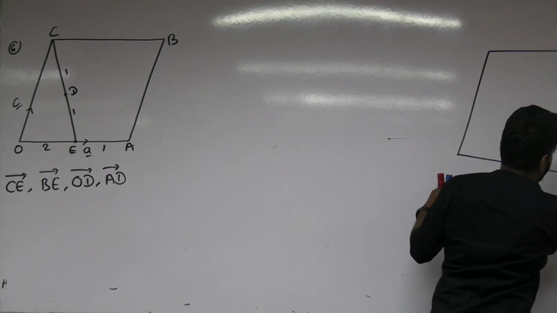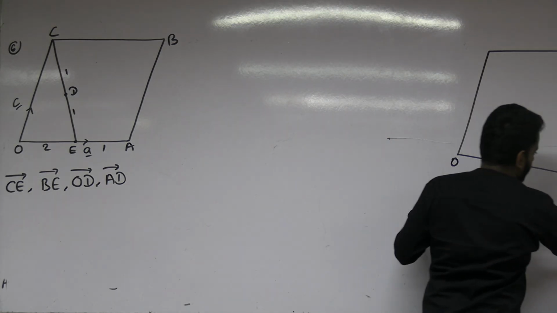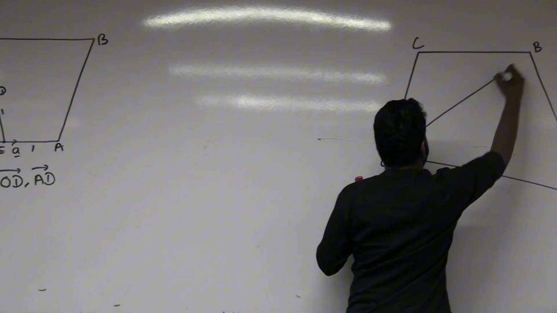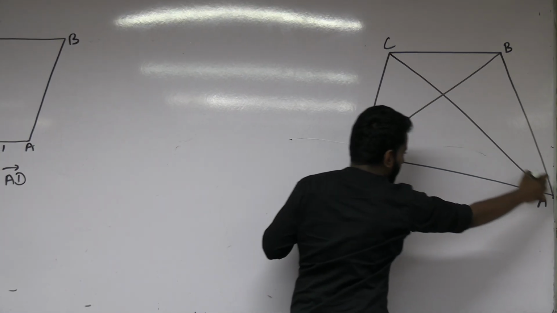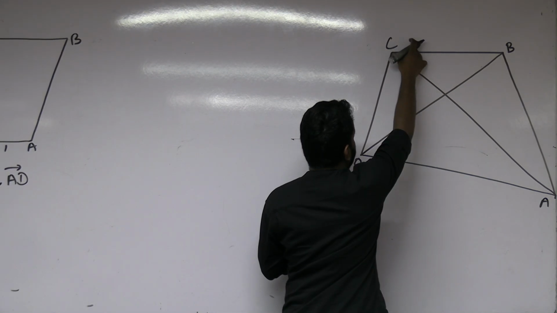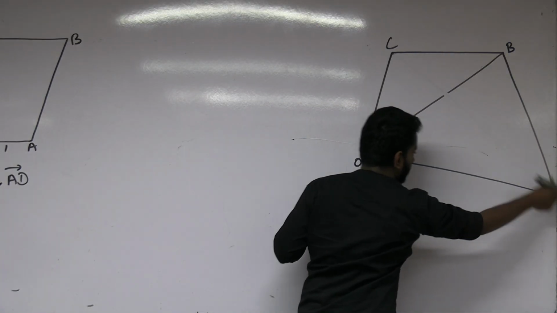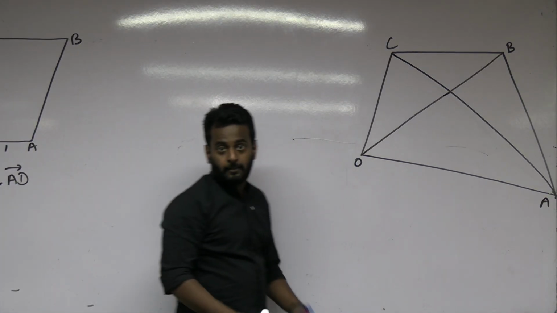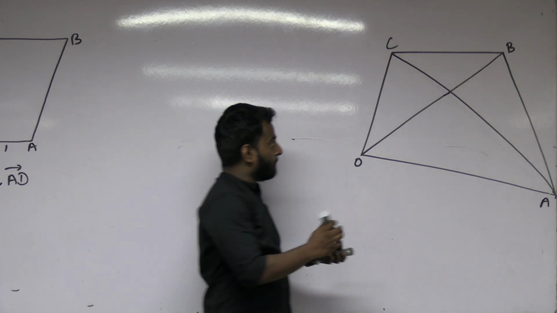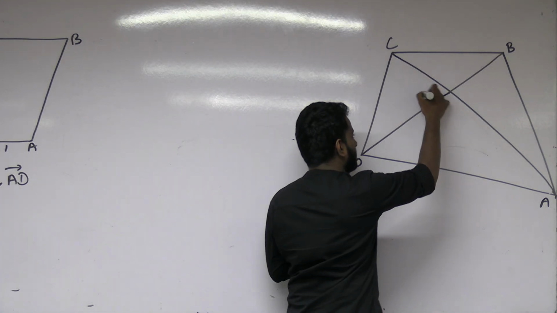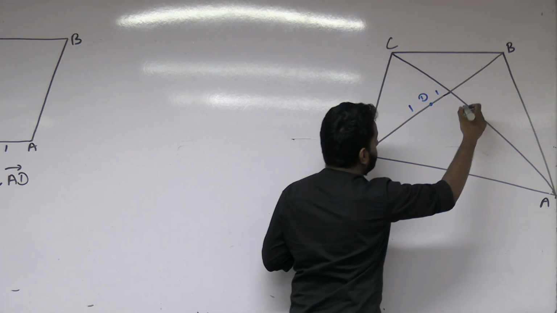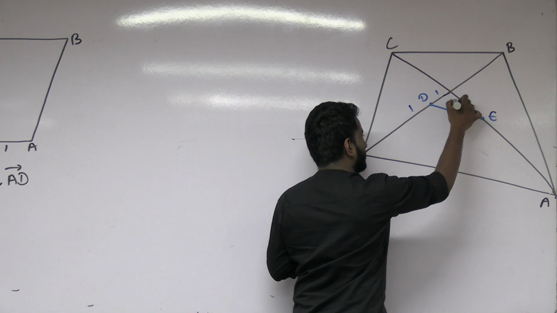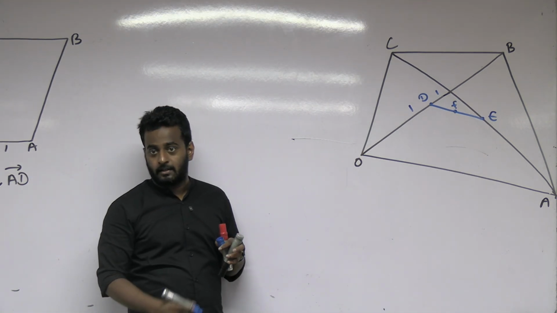This is OABC, and they have given the diagonals OB and AC.